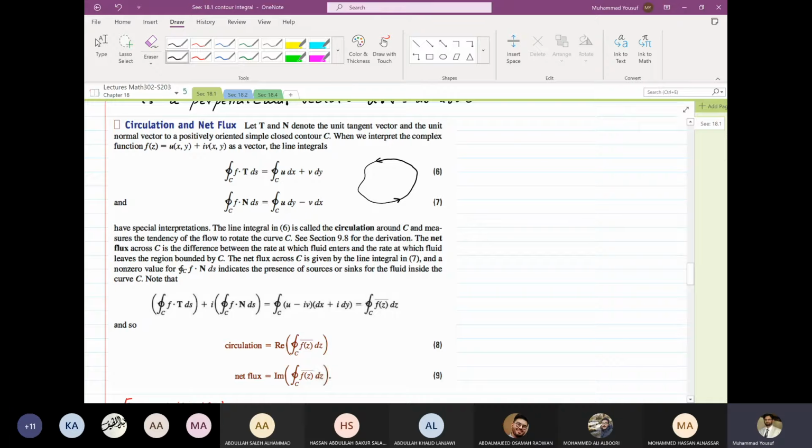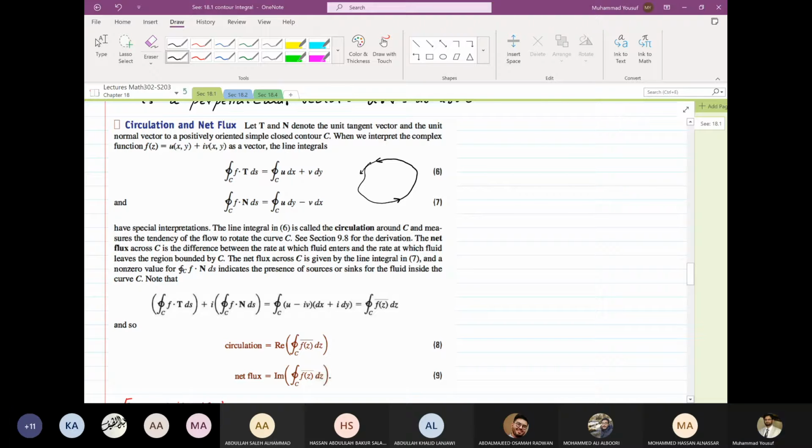So positively oriented means when we move along the curve, the area bounded by the curve is on our left hand side. And suppose that capital T is a unit vector at any point along the tangent.